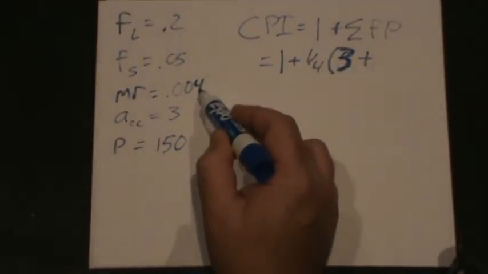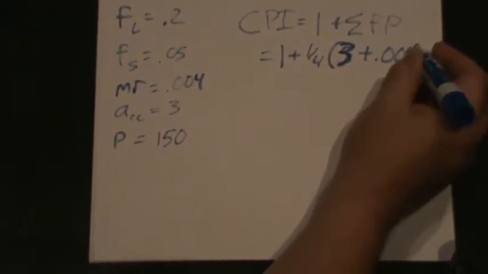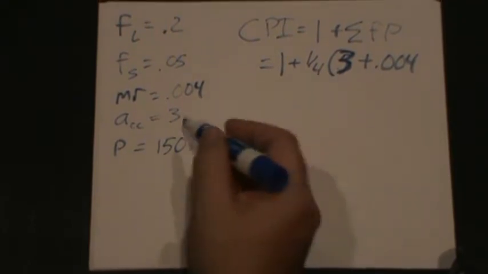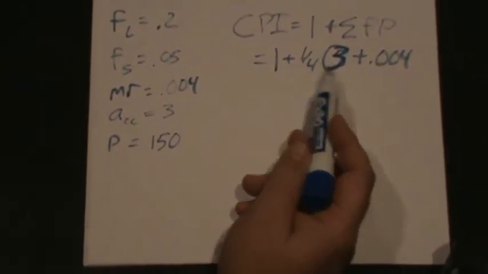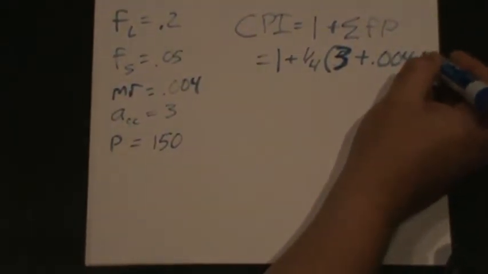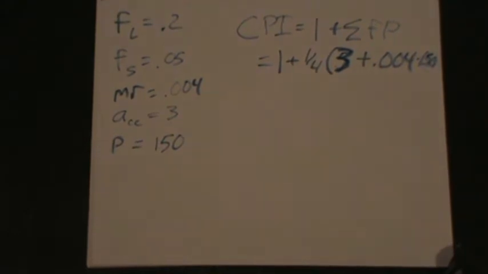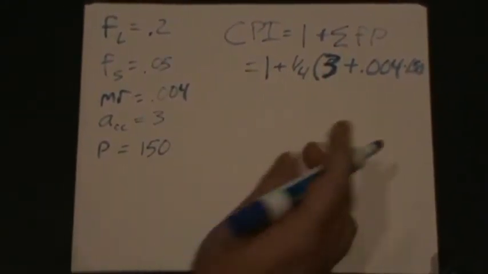There's a chance I could miss. So my miss rate, 0.004. And that fraction of the time of this 1/4, I have to pay 150 cycles.